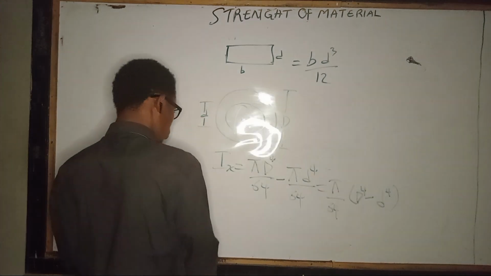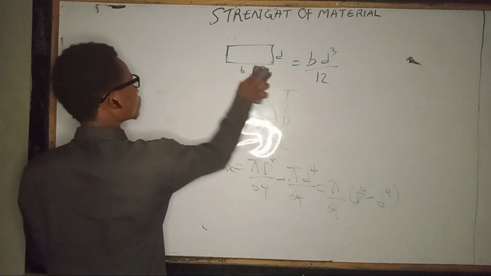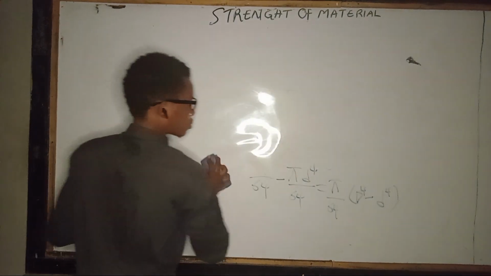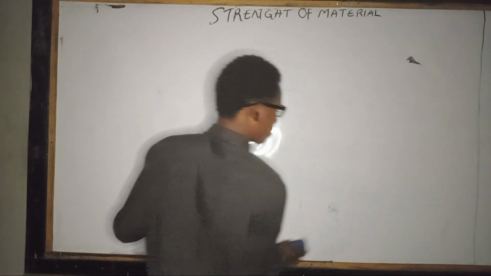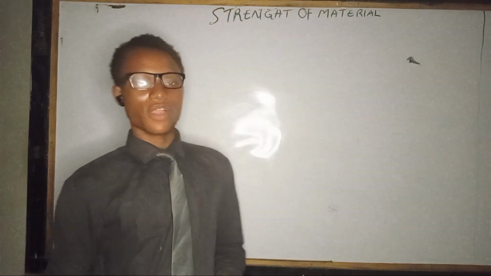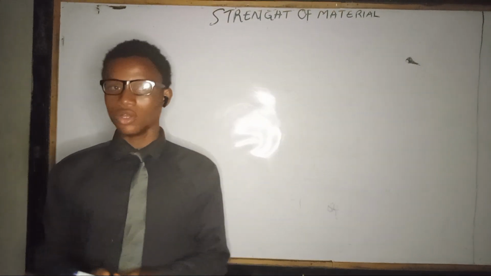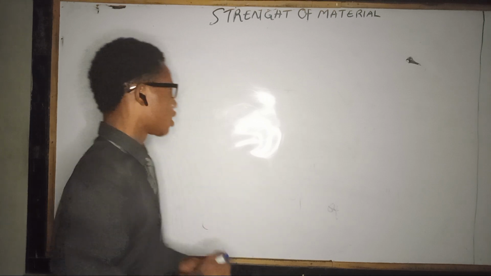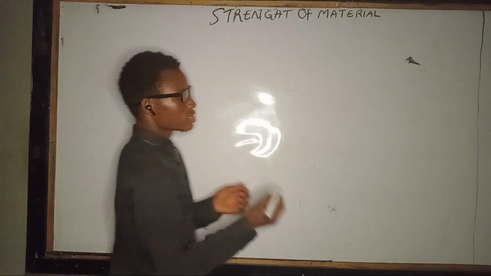So now after this, we might also be asked to find the moment of inertia of two different shapes joined together, which for example is mostly a T-section.